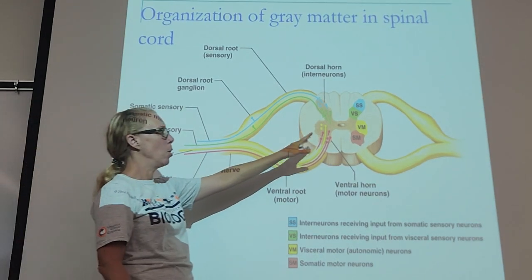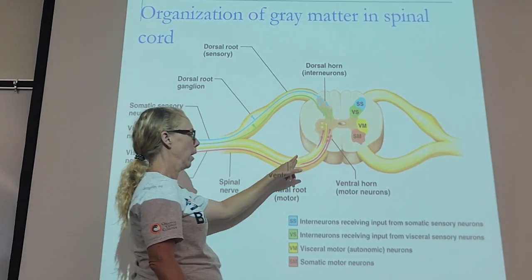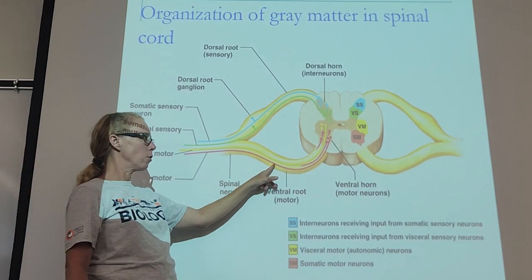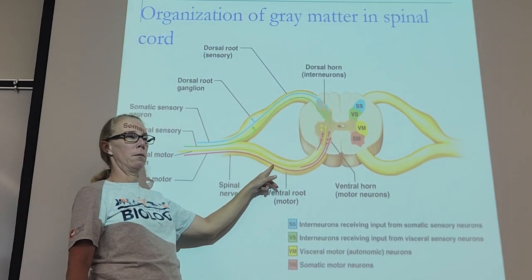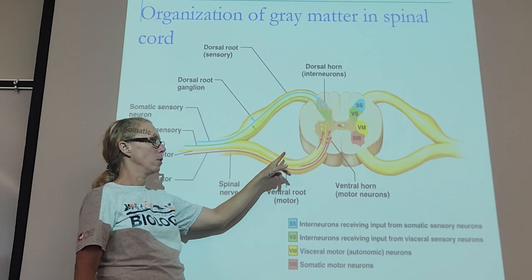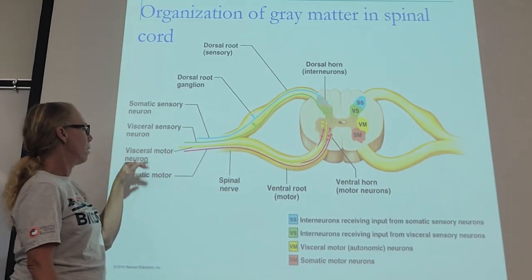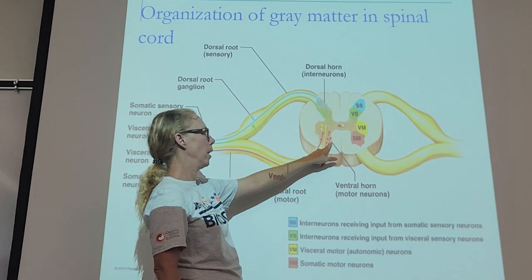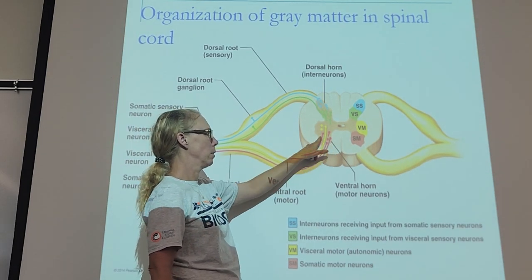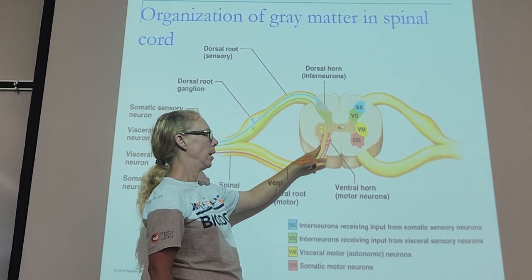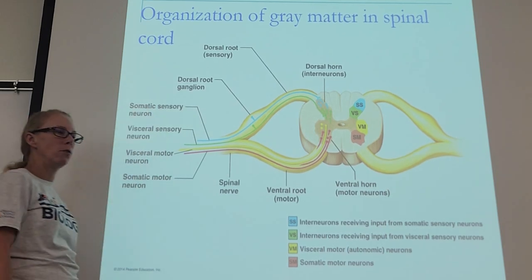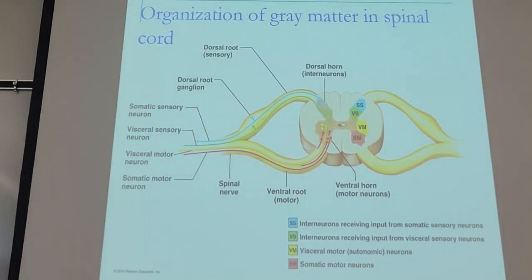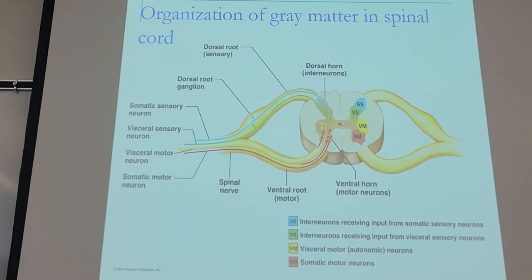But as far as motor neurons go, cell bodies, long axon, axon terminals, structurally these are what? Multipolar. Somatic motor neurons are red. Those cell bodies are located where in the gray matter? In the anterior horn. So you're going to find the cell bodies of somatic motor neurons in the anterior horn of gray matter of the spinal cord.